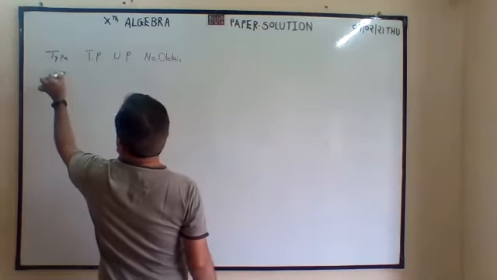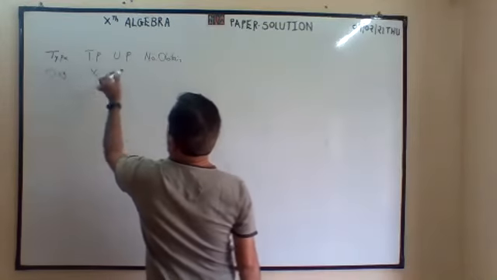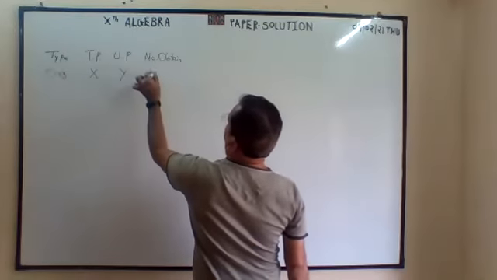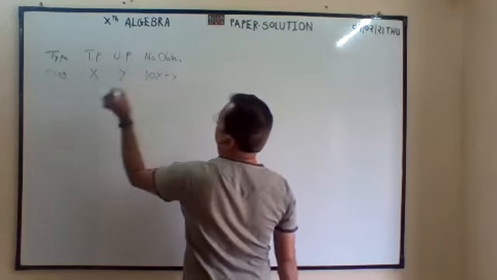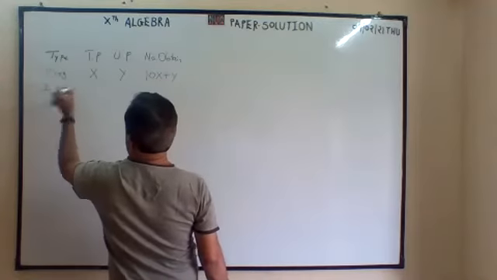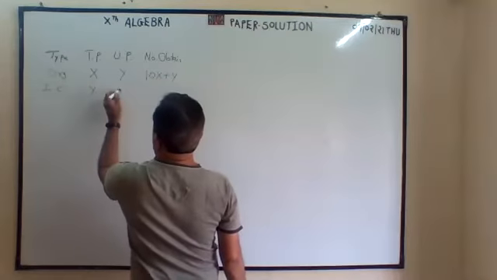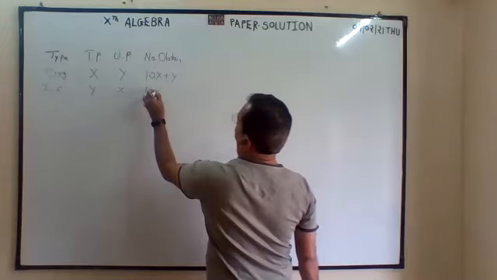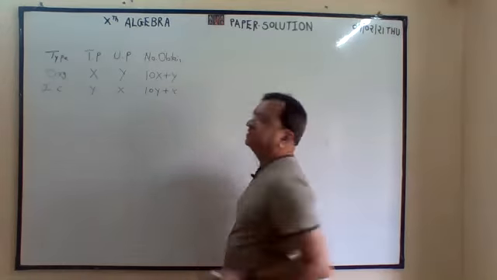Original: 10th place x, unit place y, so it is 10x plus y. Interchange, this comes here, this comes here, it is 10y plus x.